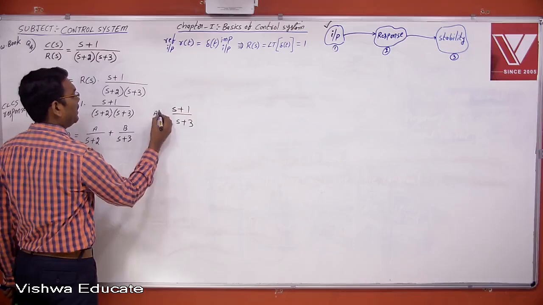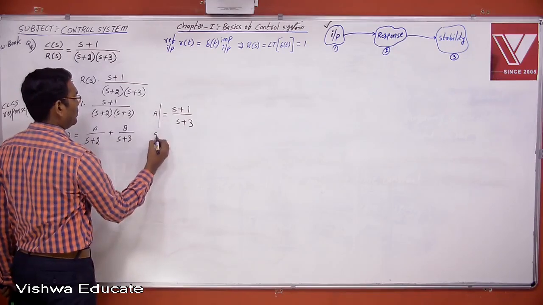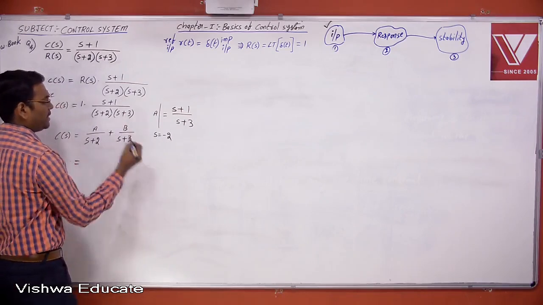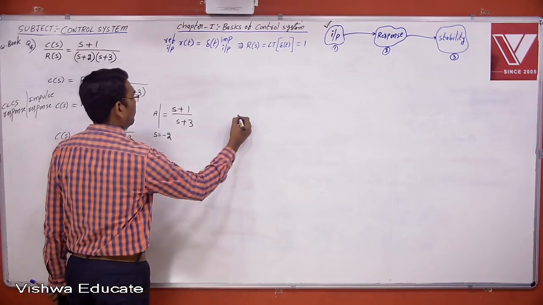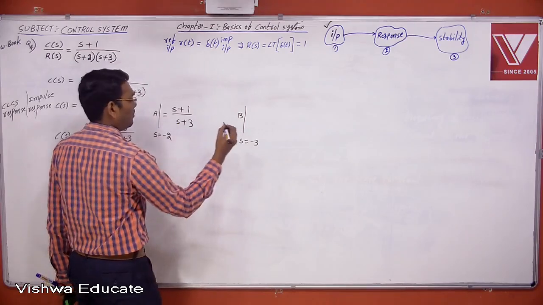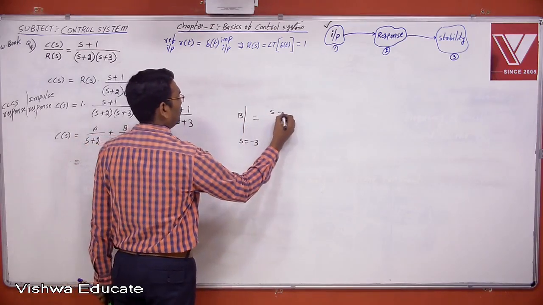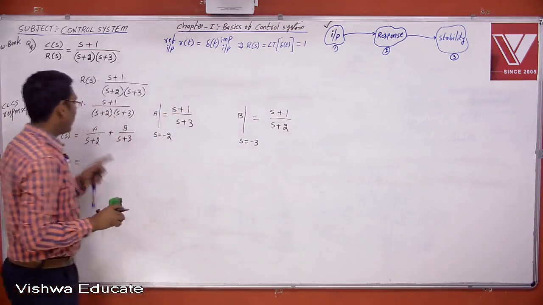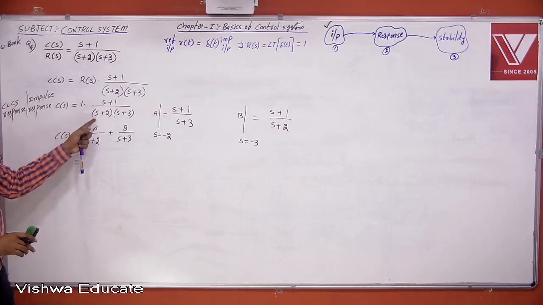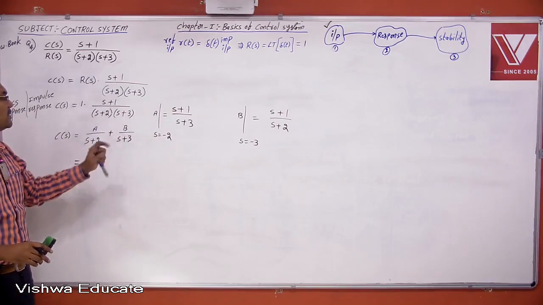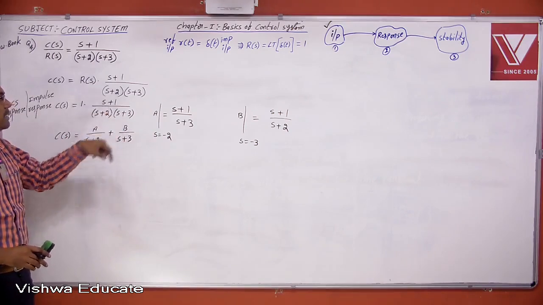For finding a, substitute s equal to minus 2. Similarly, s plus 3 cancels. For finding b, substitute s equal to minus 3 in s plus 1 by s plus 2. For finding a, s plus 2 cancels and substitute s equal to minus 2 here, and for finding b, s plus 3 cancels and substitute s equal to minus 3.